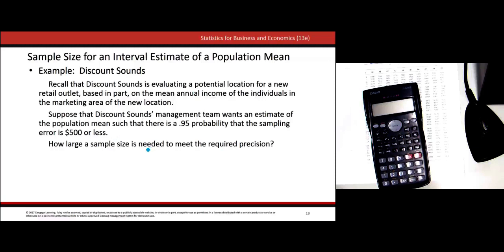For this example, for a 95% confidence interval with a margin of error of 500 or less, how large a sample size is needed to meet the required precision?